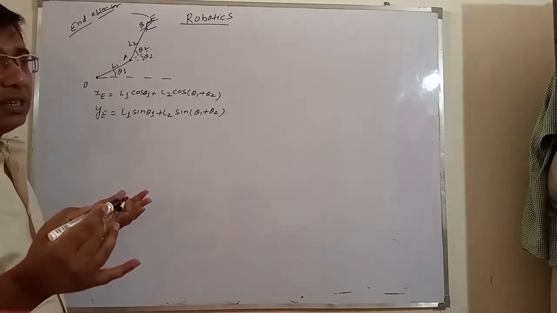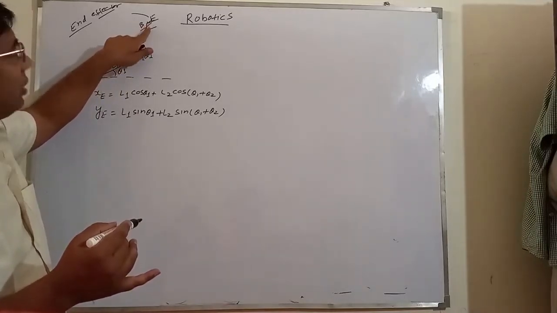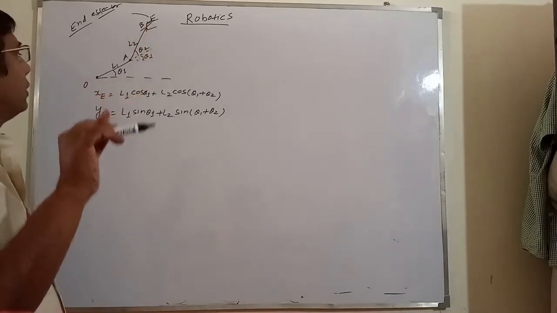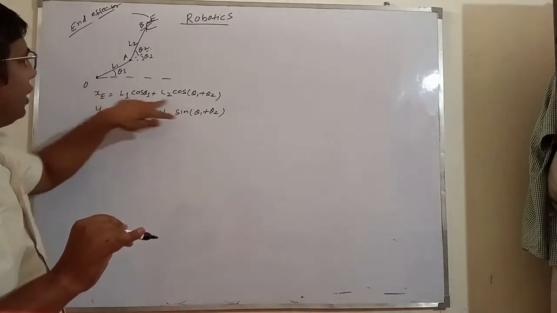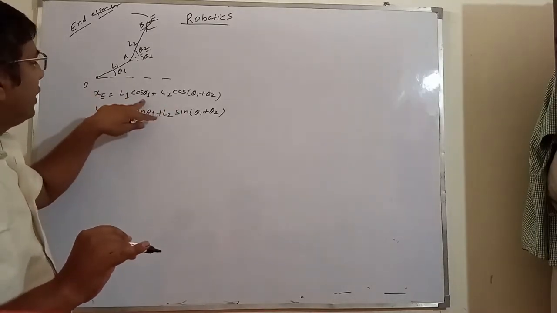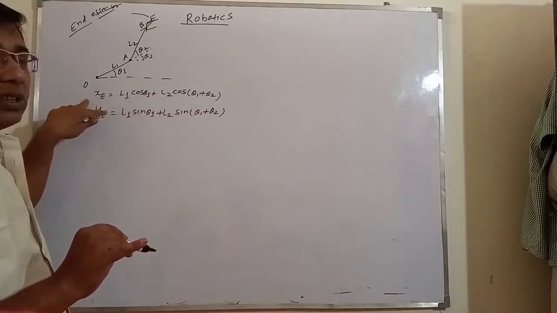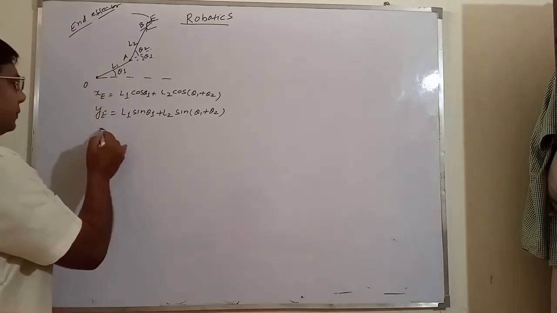What information is needed, right? Here we need to know the coordinate of this end effector which is picking the tool. So for this, we can apply this equation, and with the help of theta 1 and theta 2, we can easily find the value of XE and YE. So this is called forward kinematics.